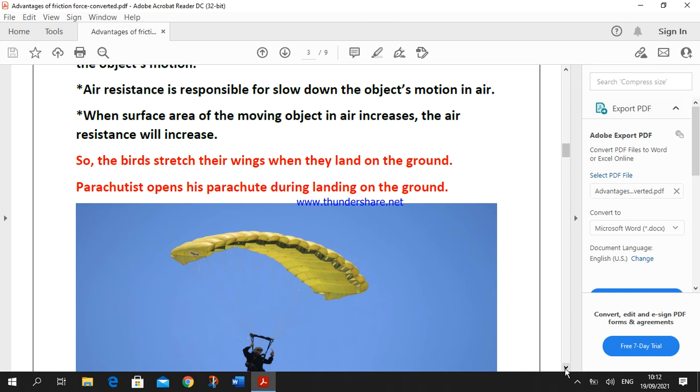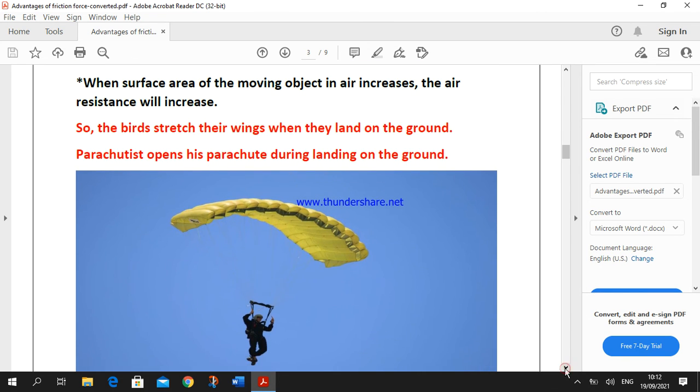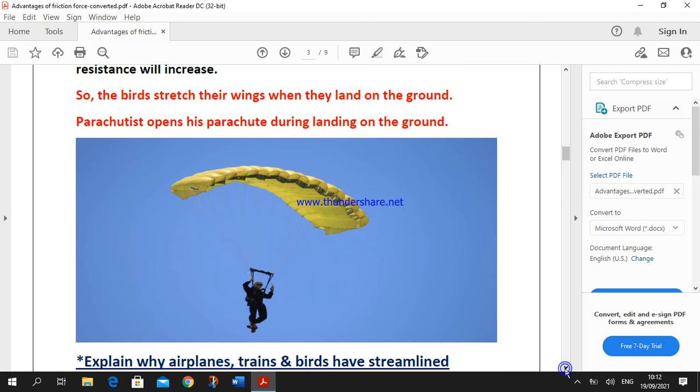So we note that birds stretch their wings when they land on the ground. The parachutist opens his parachute during landing. Why? To increase his surface area, so it will increase air resistance, and the parachutist can land safely on the ground.